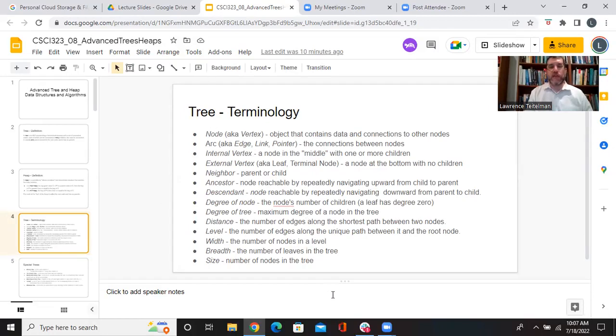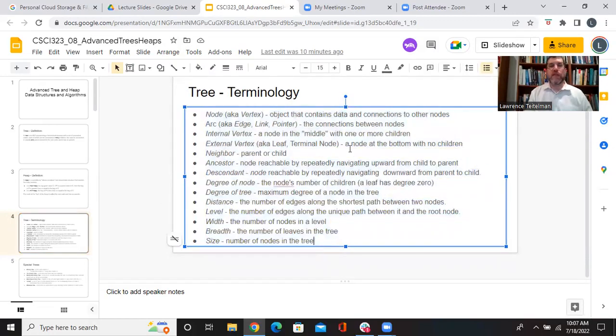So what is the height? How would you define the height of a tree? From the root to the lowest node. Yeah, I'm surprised. How did I lose that?